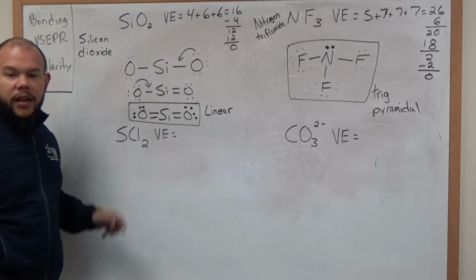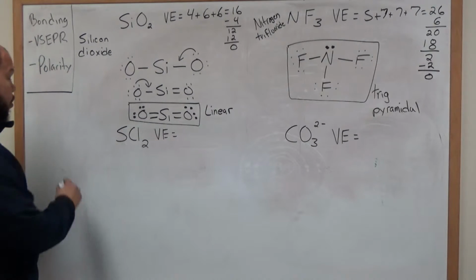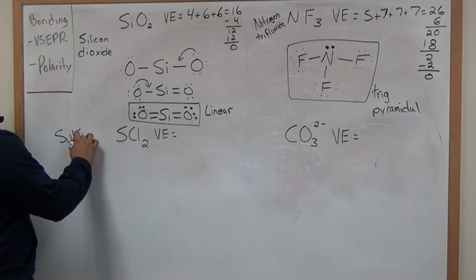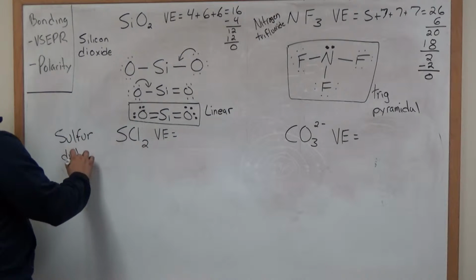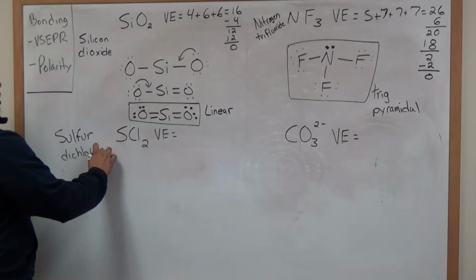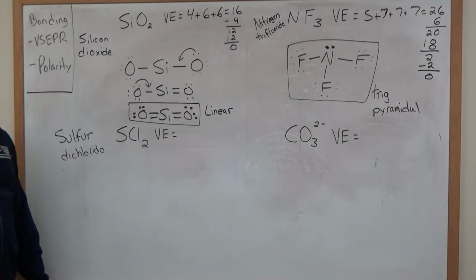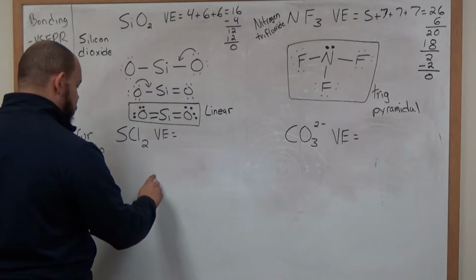All right, let's look at SCl2. Sulfur dichloride. And if we look, we see that sulfur is the least electronegative. It belongs in the middle.